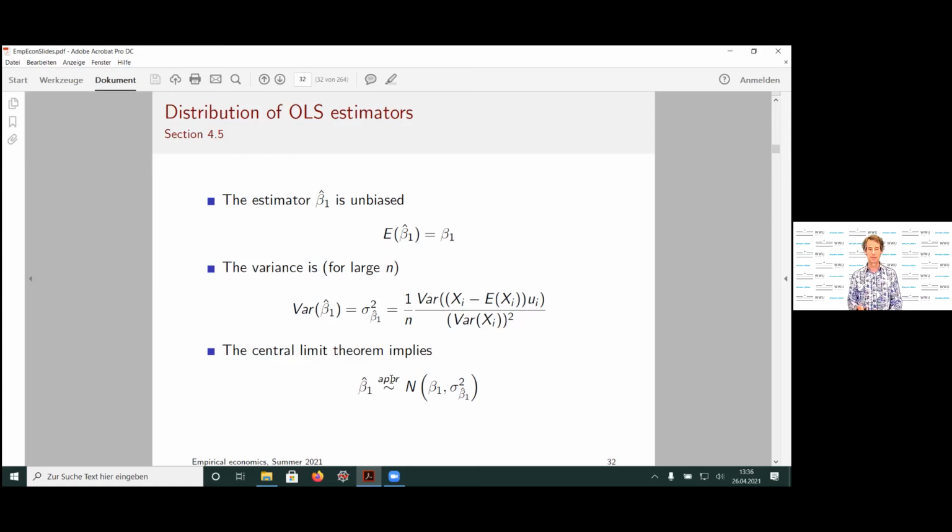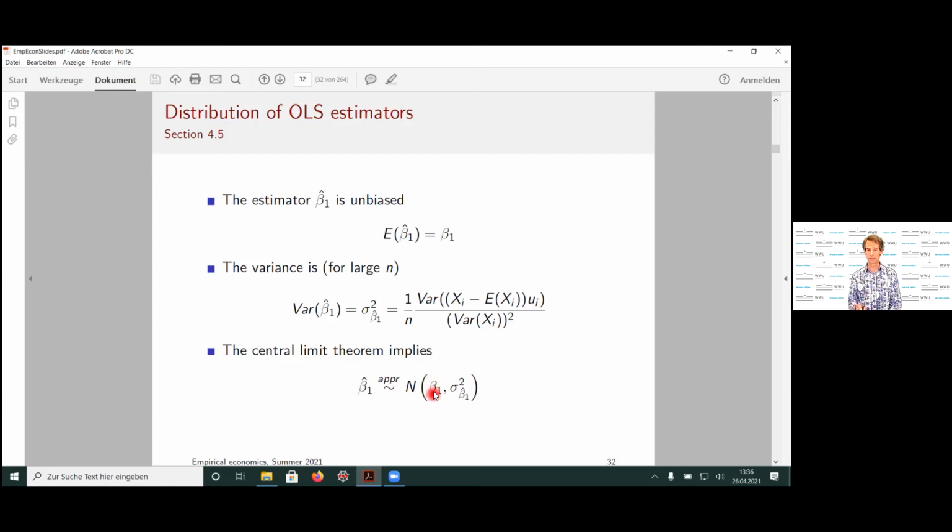So it is really a nice result that we know at least approximately the distribution of the estimated slope coefficient. And it's approximately normal, and I can assure you that this approximation, if n is large enough, is really excellent.